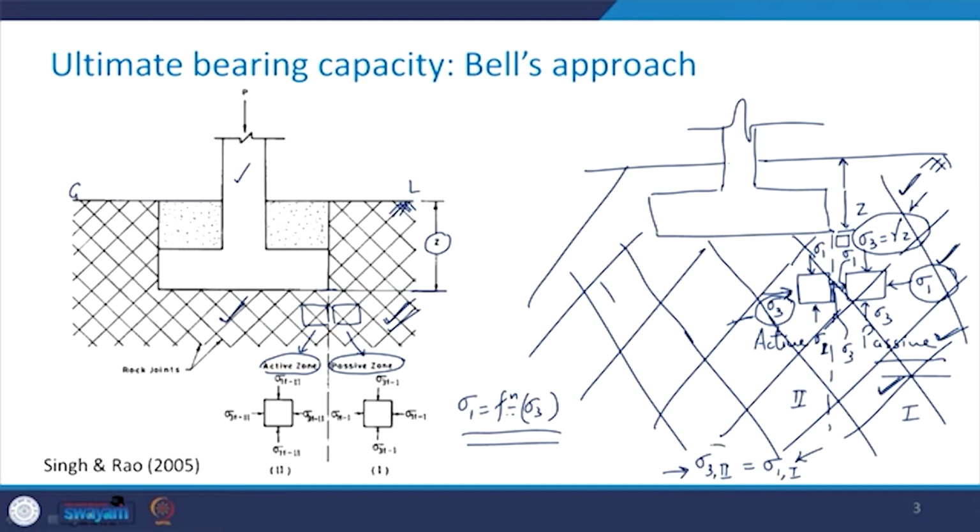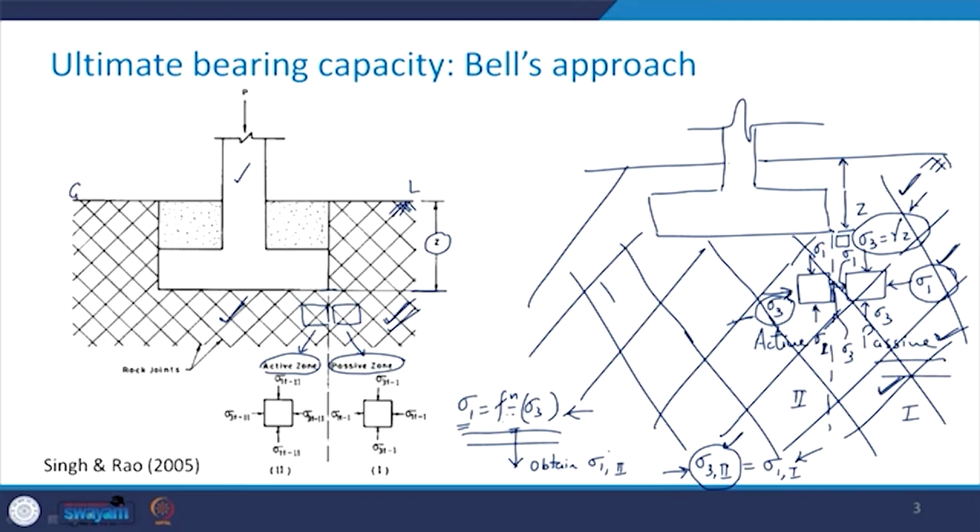Now, after knowing this, and we know that this rock mass is following this expression, that is sigma 1 is some function of sigma 3, then here we know sigma 3, and using this expression we can obtain sigma 1 in the second zone, that is the active zone.